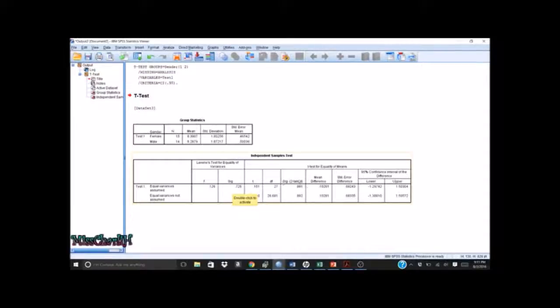Now I'm going to look at the significance score, 0.88. That's my p-value. And I'm going to see that my p-value is well above 0.05, which means these two scores are not significantly different from each other. And that is how that works.